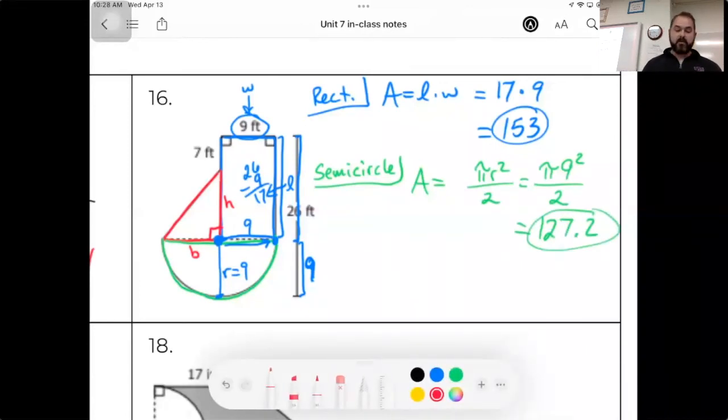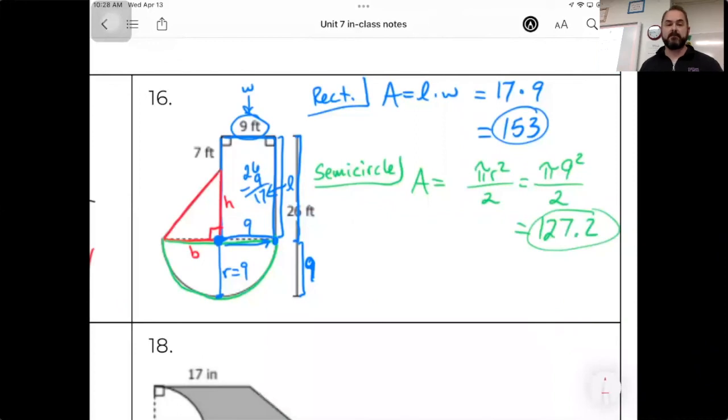I've got one more part in order to put these things together. The other part is the triangle. Area of a triangle is base times height divided by 2. Well, the base and height of the triangle are over here. Now the base, you should notice now, is the same as the radius of the circle. That's 9.